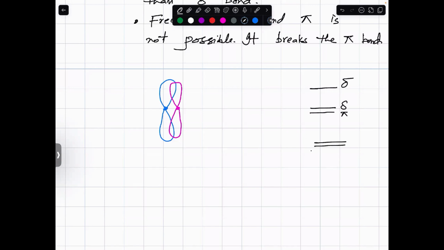Triple is sigma, pi and pi. This shows that pi alone is not possible. This is sigma. It brings the parallel p orbitals close enough this way. Look. So this is the shared region.